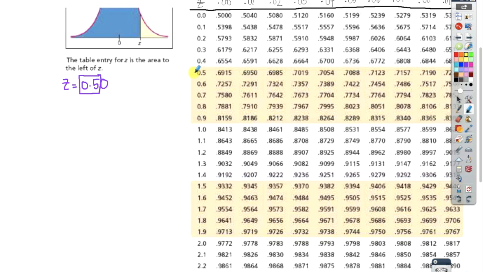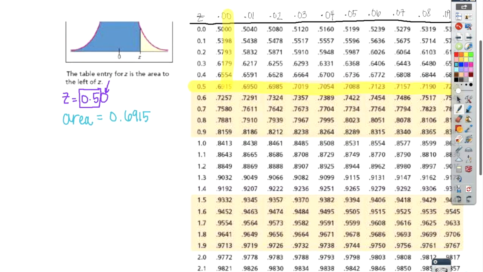That tells me I'm in this row, and now I just have to decide how far over in that row to go, and that's where the hundredths place comes in. Here are my hundredths values, 0, 1, 2, 3, 4, 5, and so on. Well, I'm going to 0.50, so I'm going to go here, and this is the area value that I want. So for a z-score of 0.5, the area under the curve is 0.6915.